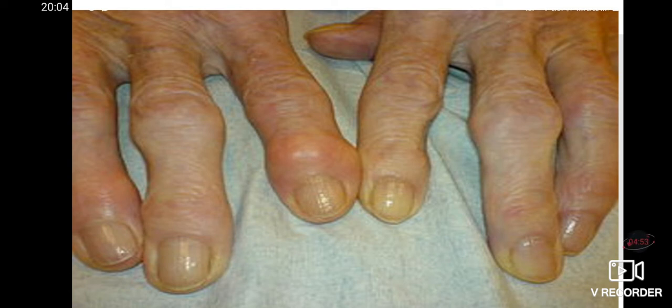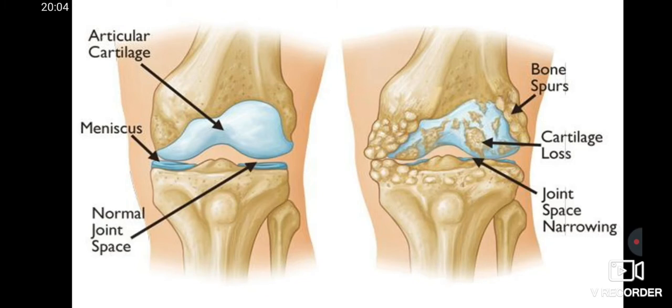Over here in this picture you can see that this is also a kind of disorder in the bones and the fingers. They do not have proper shapes. They got D-shaped, not maintaining proper shape. In this, this is the cushion structure between two bones, and in this picture the cartilage is lost.